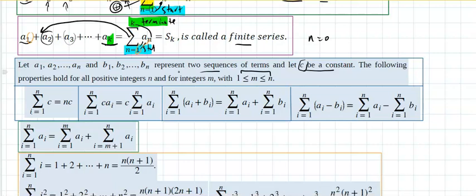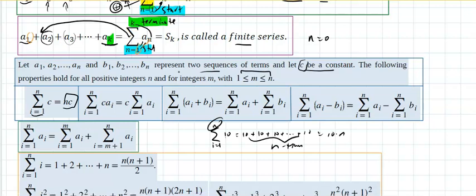If I'm adding the series i equal 1 to n of a constant, let's say 10, well, when you let i equal 1, that's a 10. When you let i equal 2, that's a 10. When you let i equal 3, that's a 10. You'll add this 10 n times, so it ends up being 10 times n, and that's what this is saying.